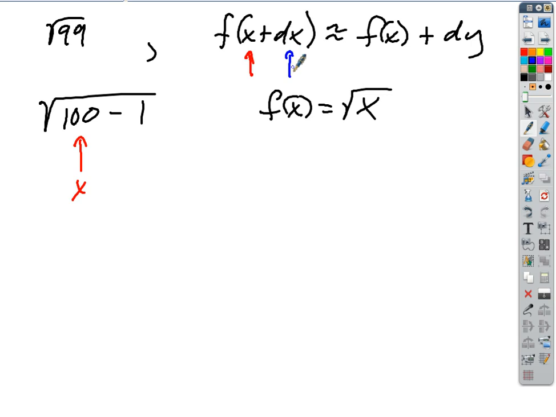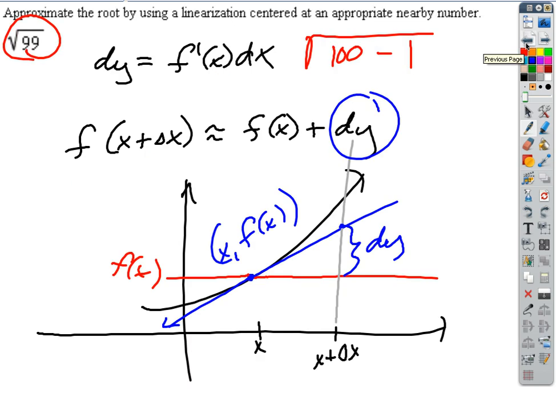So what's dy? dy is approximately how much our function changes when we scoot horizontally by dx. Going back to our picture, dy is how much the function shifts when we go from x to x plus dx.